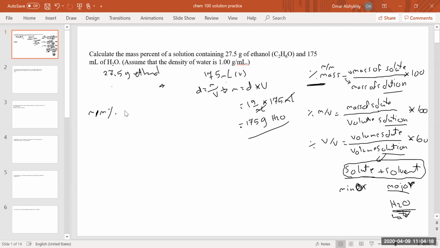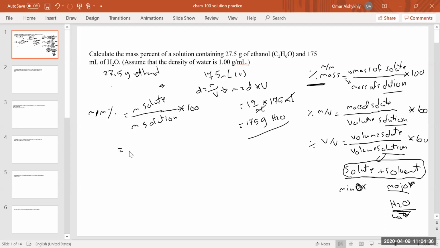Now, here the mass percent will be the mass of solute, so M solute divided by mass solution times 100.